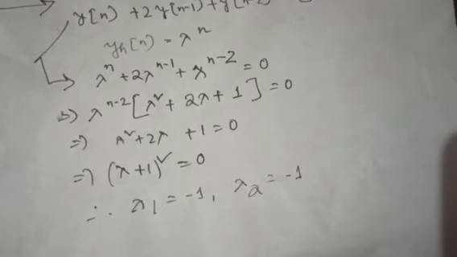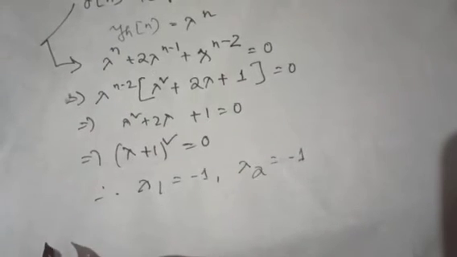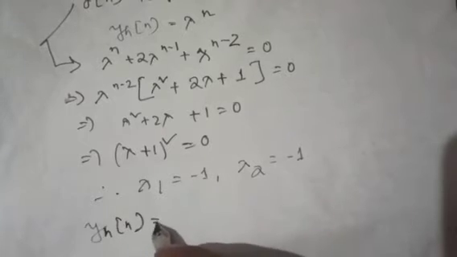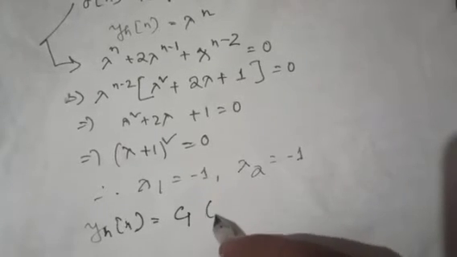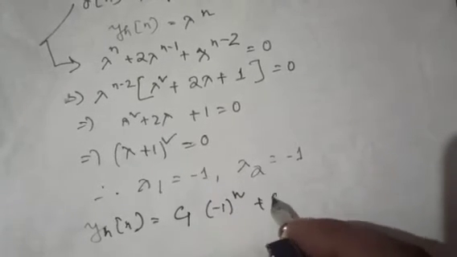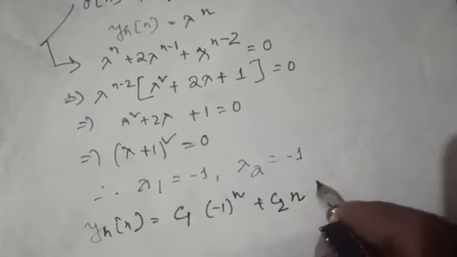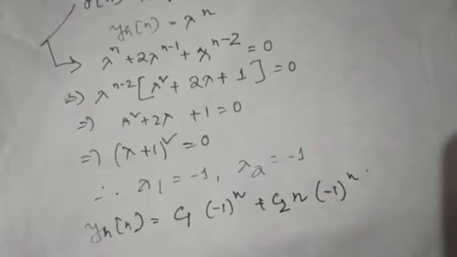Okay, now since the roots are repeating, the general form of the homogeneous solution, as I already mentioned for repeating roots, will be y h of n equal to c1 into minus 1 to the power n plus c2 n into minus 1 to the power n.